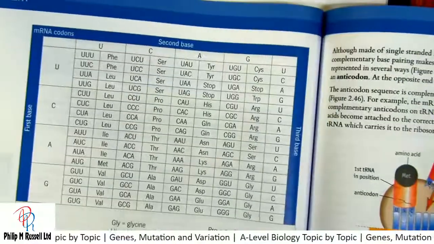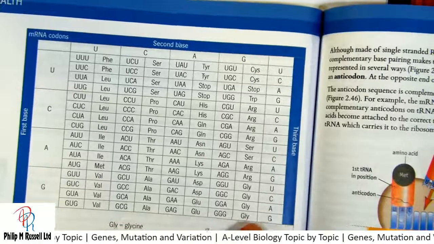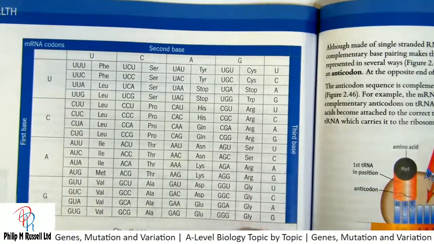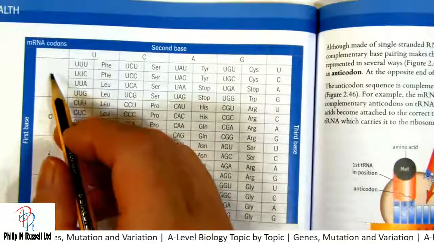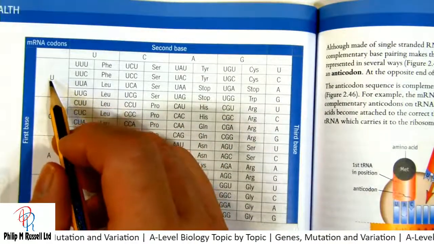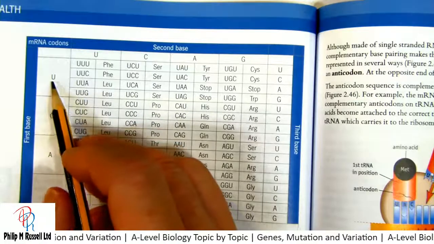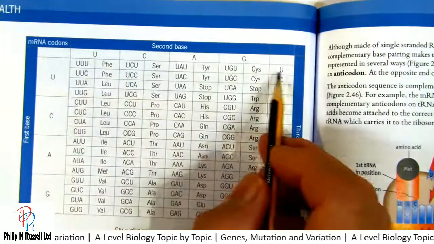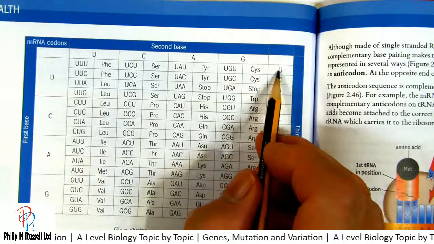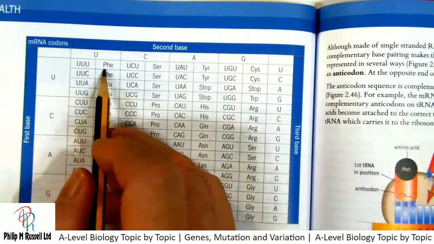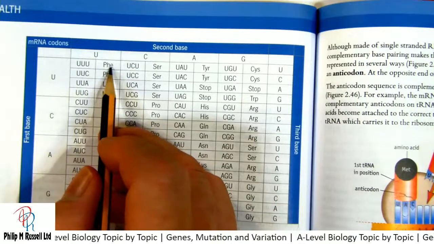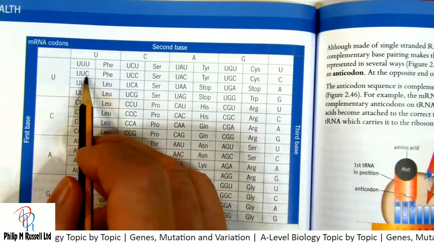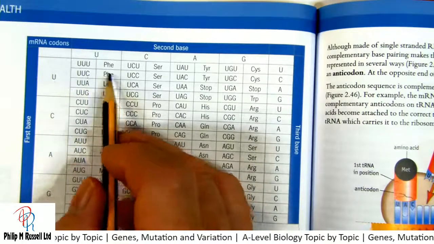I'm just looking at a book with one of these genetic tables in, and this is looking at the mRNA codons. So if I've got a U followed by a U followed by a U, then this is going to give us phenylalanine. If I change the last base to a C, it makes no difference.